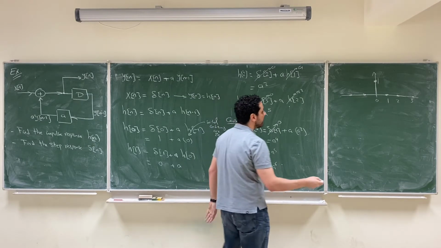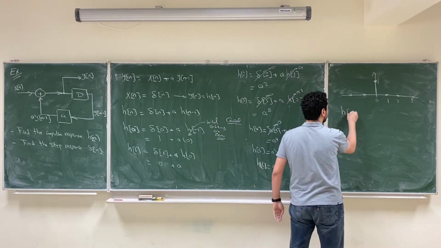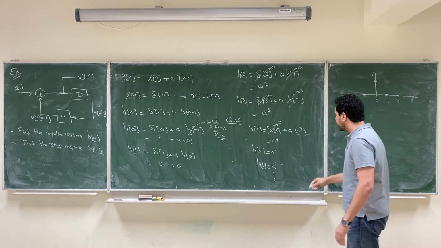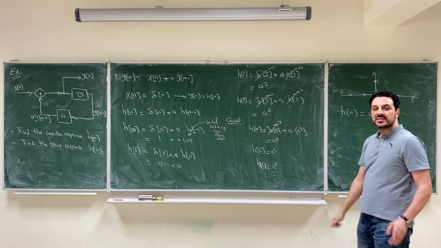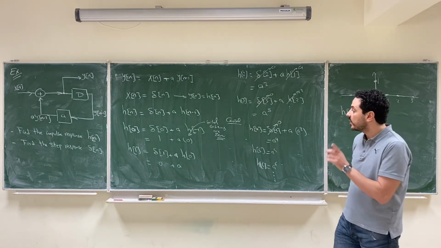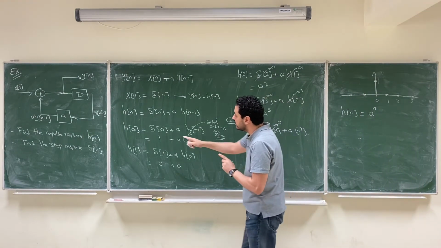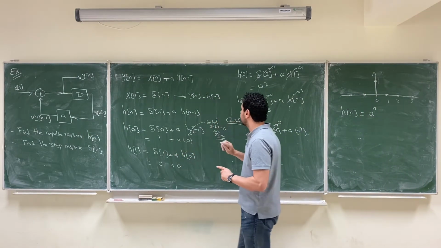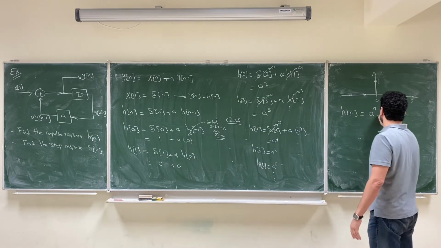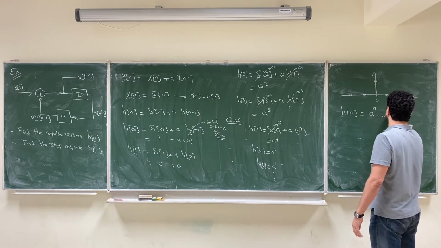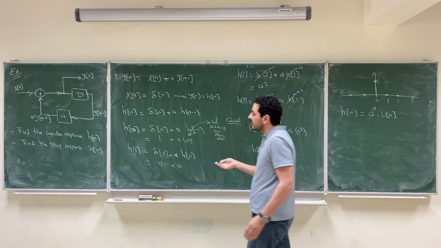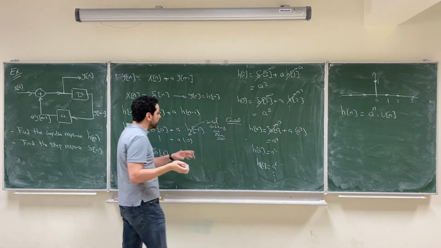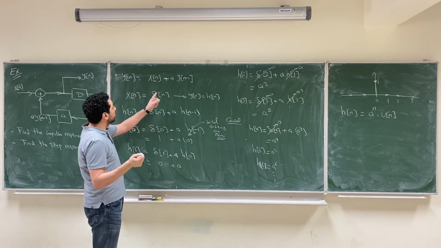In general, if you keep doing this, you will find that h of n is a to the power n, but we assume that it starts only from 0. Before 0, it was 0. So you can say it's a to the power n multiplied by u of n, right? Why did we assume that it starts from 0? Because our input was delta.